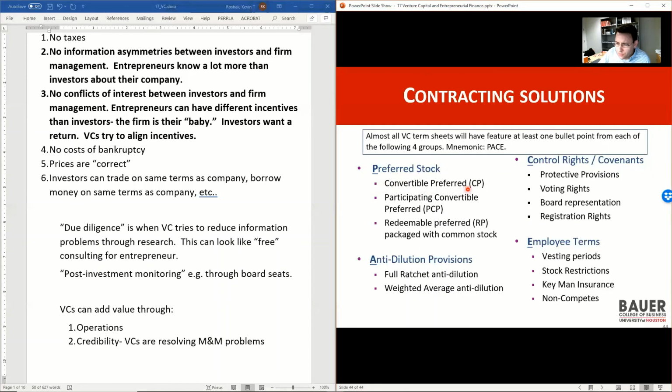Typically, it's going to be convertible preferred, but there's variance on that. The idea here is that with convertible preferred, for example, the VC is getting preferred stock. So they have priority over the founder. The founder gets paid after the VC, but the VC can convert it. So the VC can still get upside if the company does very well.